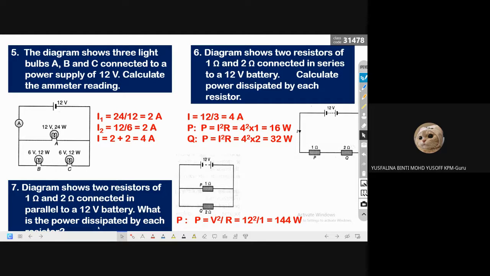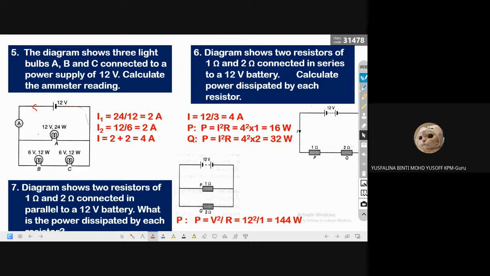Okay, so let's see for I1. How do you find the ammeter reading? The ammeter actually gives the reading for the whole circuit. That means after it splits, we join back, right?